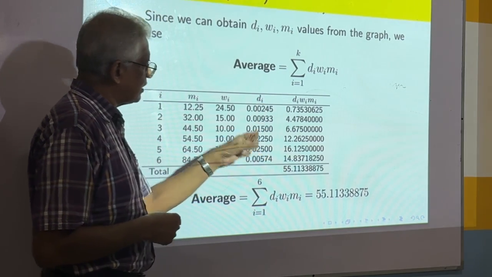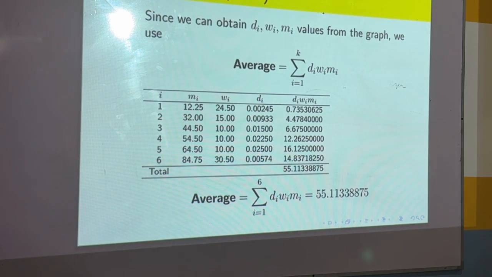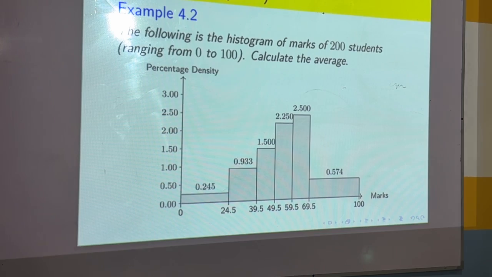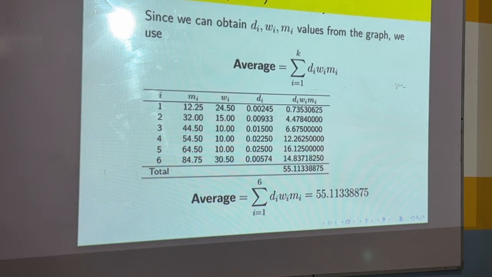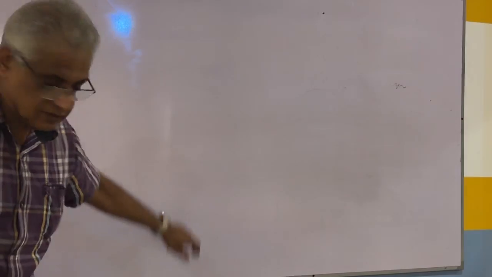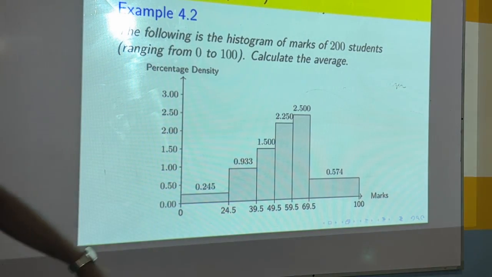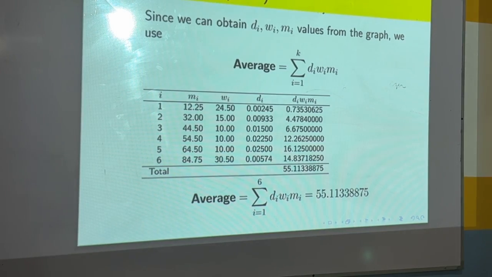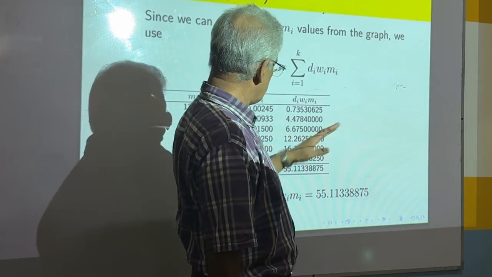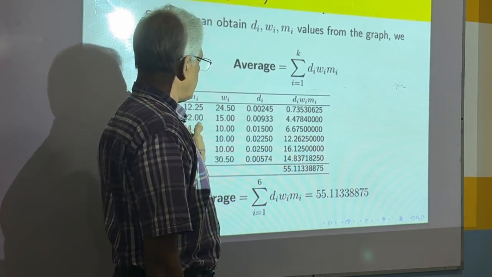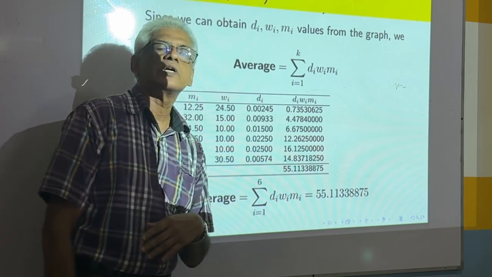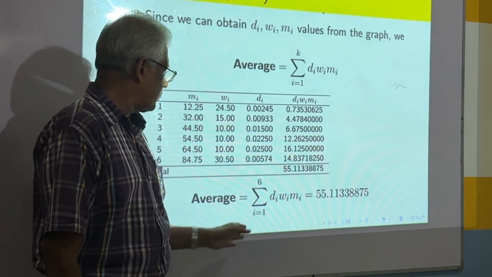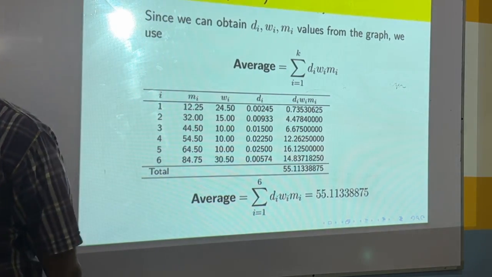And we can calculate these di's because the values are given here. These are the di values. So all those are available, therefore it's easy to use this formula. For each interval you can calculate di, wi, mi, and we can add them up. So that will give you the mean.